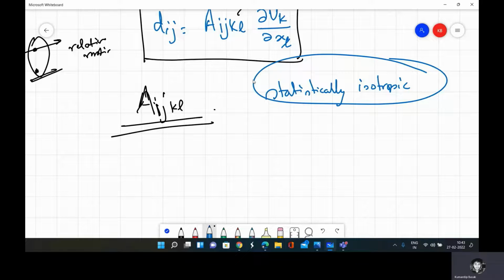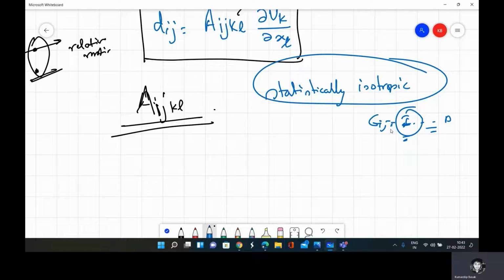This is a very important notion for that fluid: the fluid is statistically isotropic. That is, the deviatoric shear stress generated in an element of the fluid by the velocity gradient, as you can see here, is independent of the orientation of the element. When we express sigma ij as an isotropic part and a deviatoric part, we said that I is the isotropic part and it is rotationally invariant.